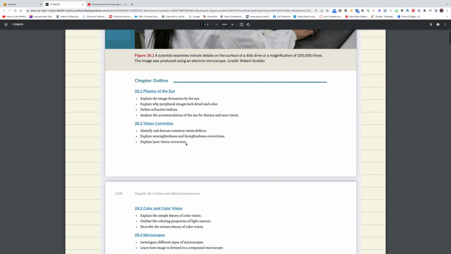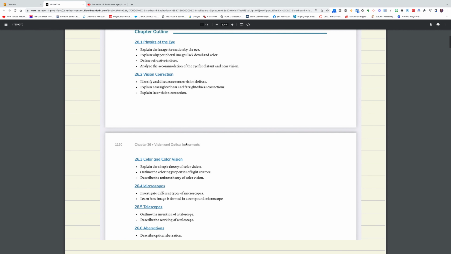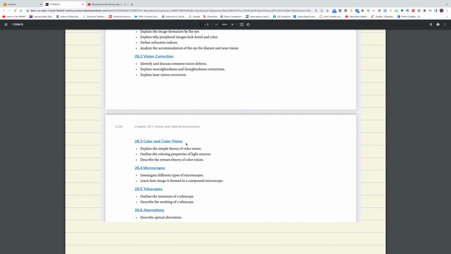The next topic is going to be color and color vision, the theory explaining how we see colors, and then outline the coloring properties of light sources, and describe also the Retinex theory of color vision, and how we view colors.